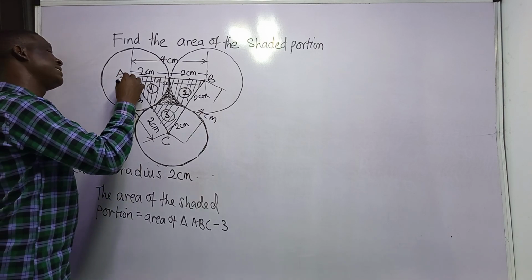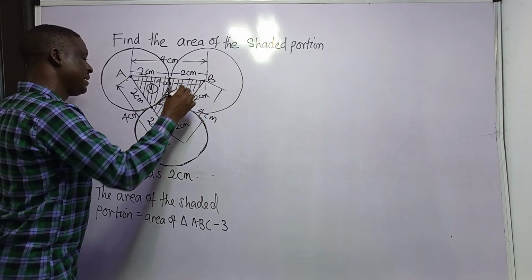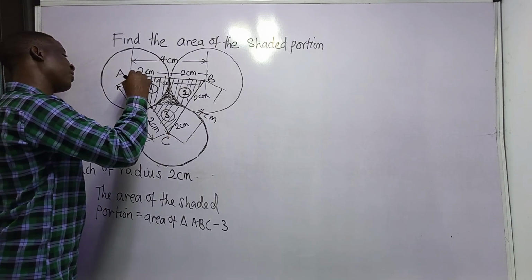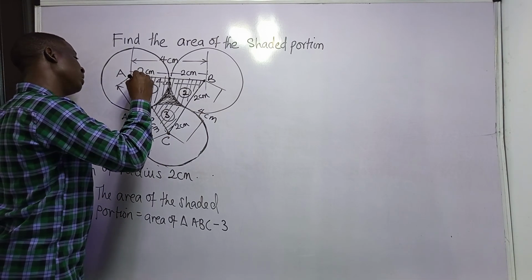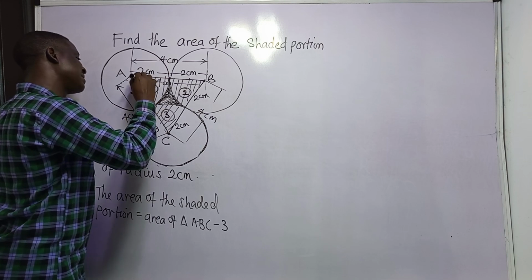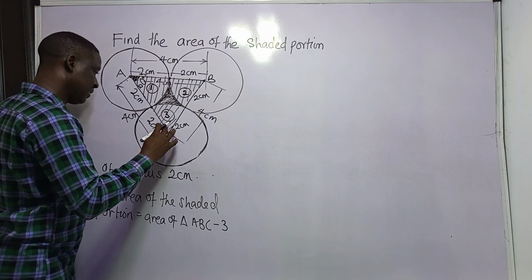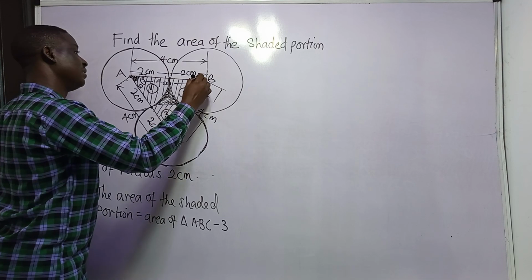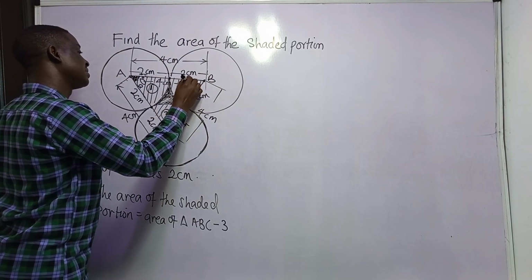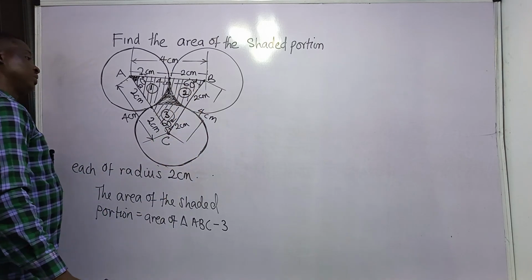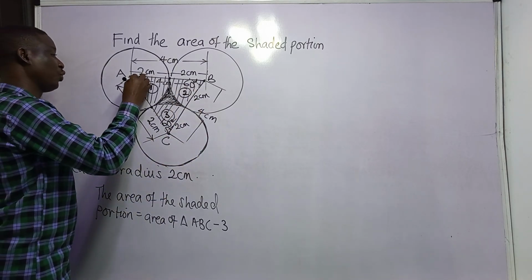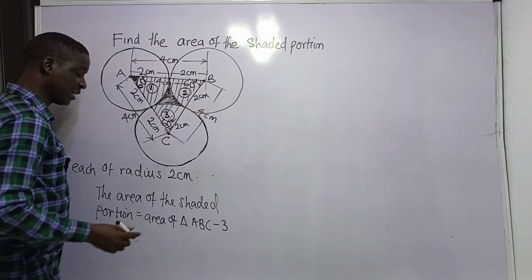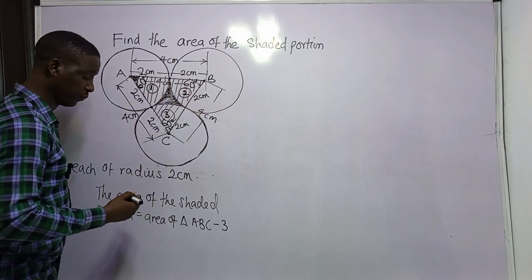And this triangle ABC is an equilateral triangle. As such, here is 60 degrees, here is also 60 degrees, and here is also 60 degrees. Because it's an equilateral triangle, each of these angles is 60, 60, 60, making 180, the sum of angles in a triangle.